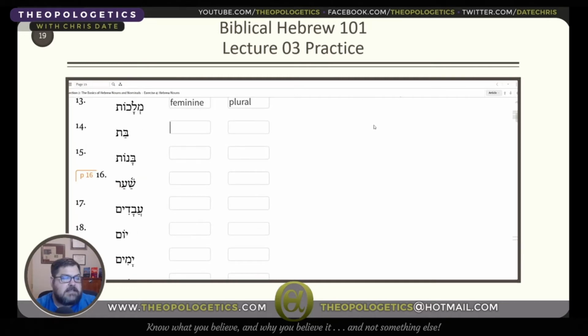Next is bat, and we have that characteristic taf at the end, which suggests that this is probably feminine singular, absolute, and the lexical form is bat, and it just means daughter. Okay.